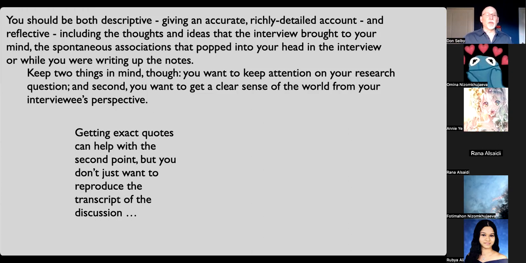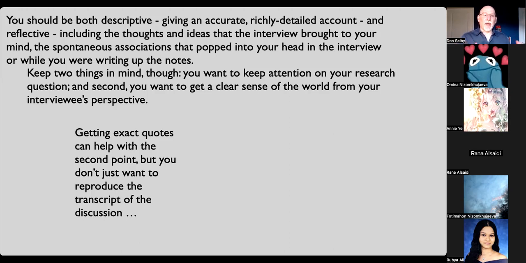So one of the reasons that it's not particularly helpful just to get a verbatim, word for word transcript of what each of you said in the interview is that it doesn't allow you to strike this balance between your research interests and, say, the priority that your interviewee is placing on things.